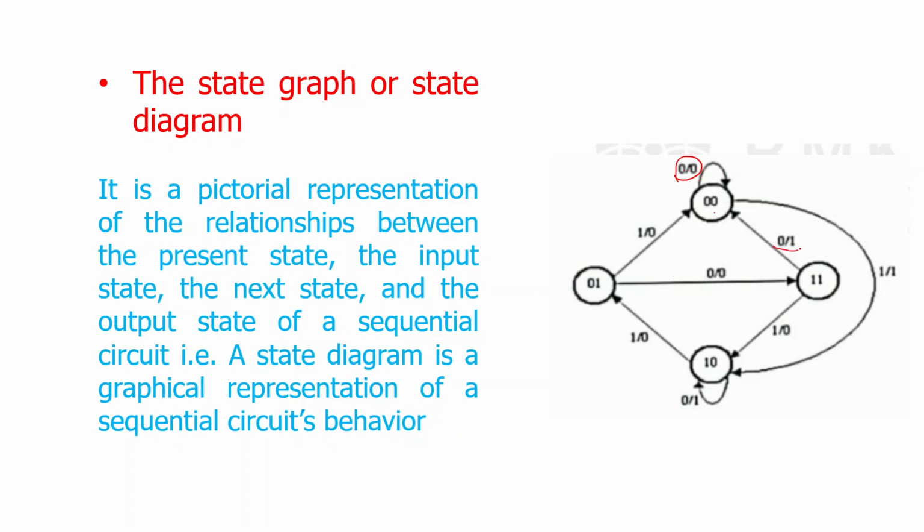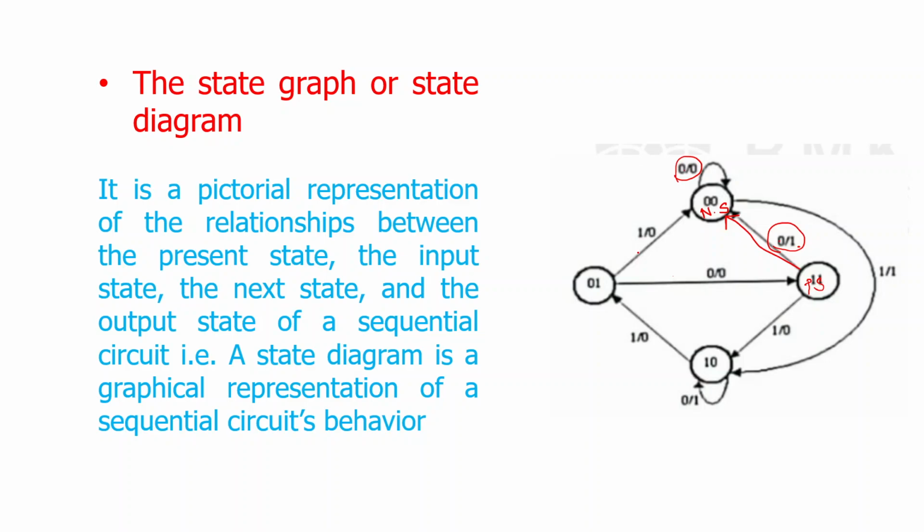Here 0 slash 1 means input is 0 and the corresponding output is 1. For this arrow, this is the present state and this is the next state, and these are the input and corresponding output.